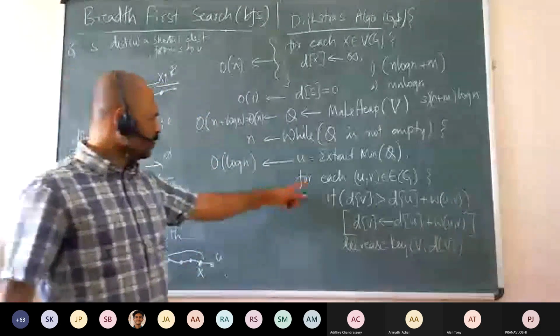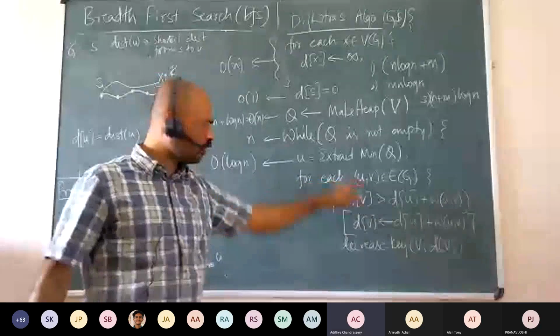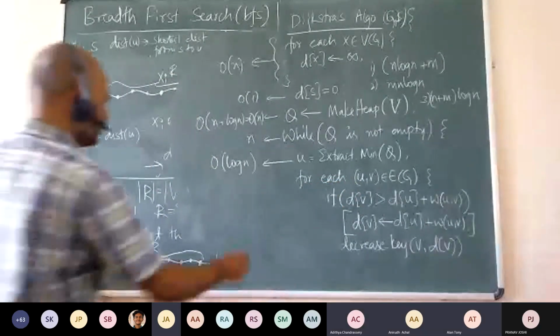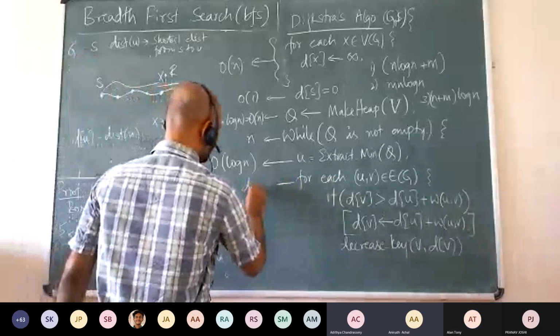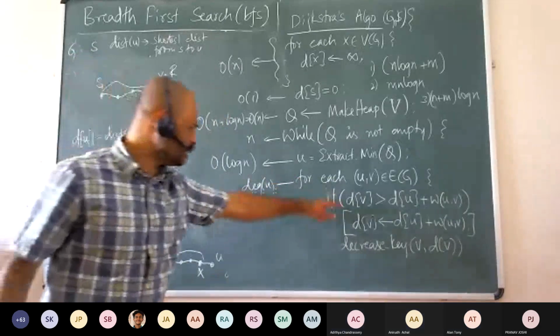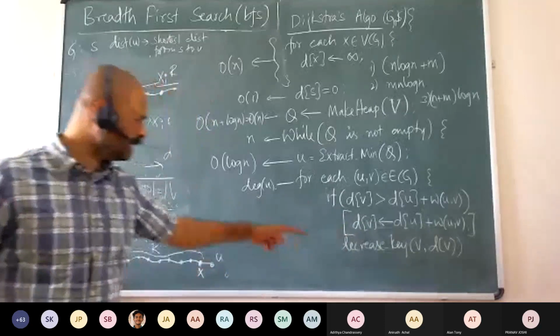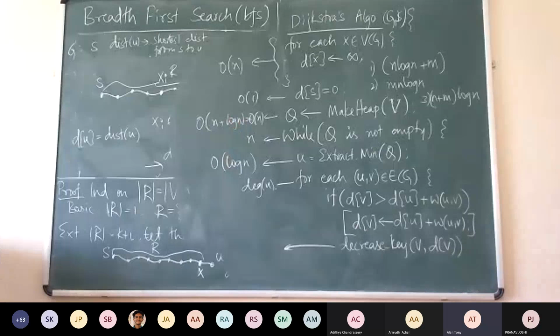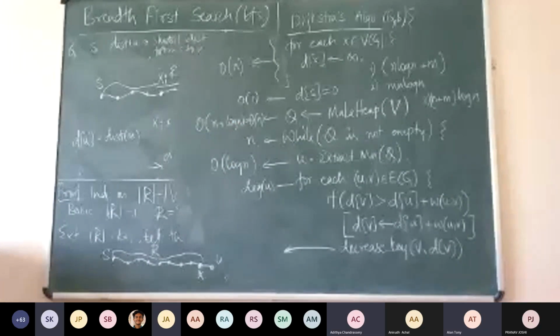Now, how many times is this for loop run? It is basically degree of u, right? And here these are constant operations, but decrease key, how much time does it take?